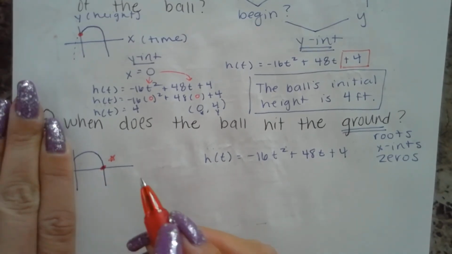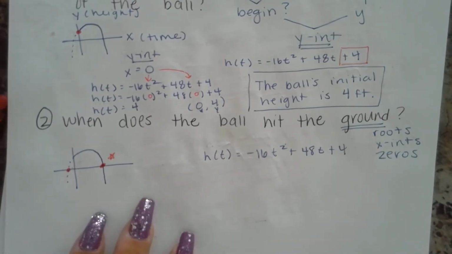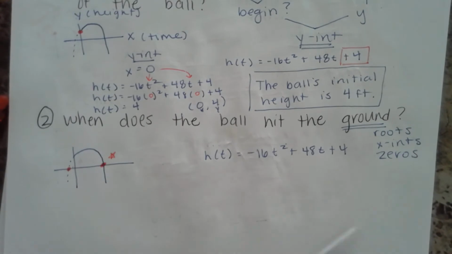When it hits the ground. So, there is another video on how to find roots, but I want to show you a different way. I'm going to show you how to figure out our roots using Desmos, okay?